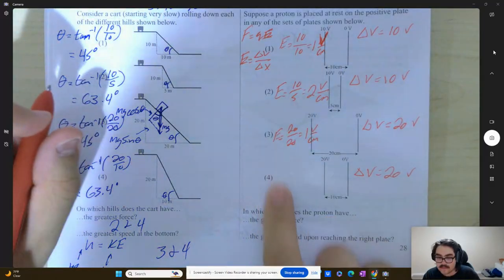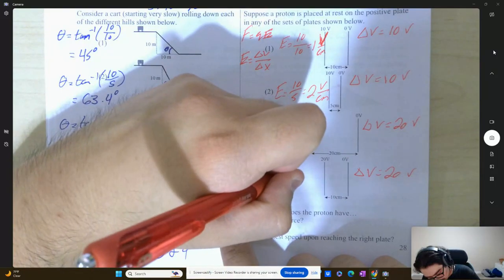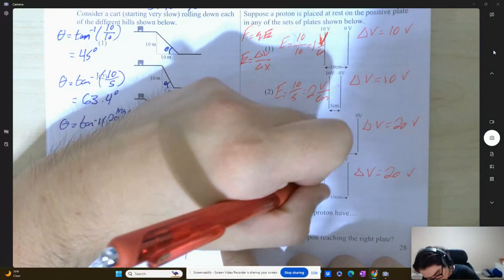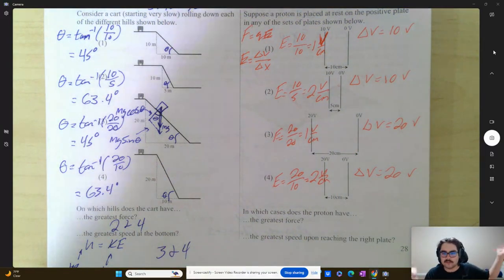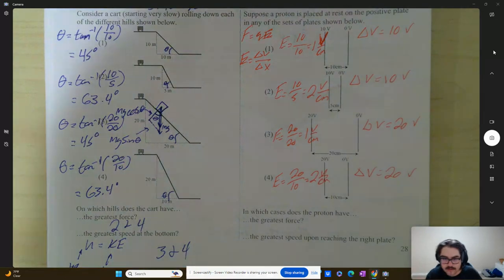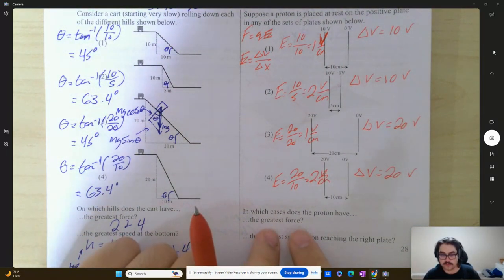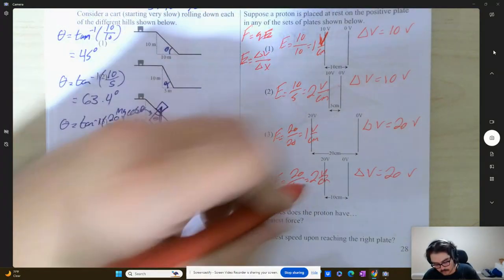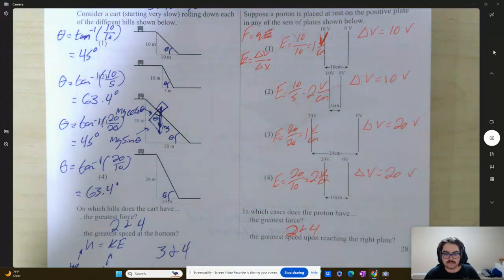And 4 is 20 over 10, which is 2 volts per centimeter. You notice this is really similar to the previous example. Greatest force, like I said, force is directly proportional to E. So the greatest ones are 2 and 4.